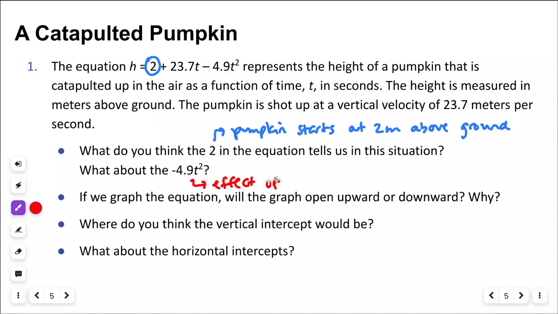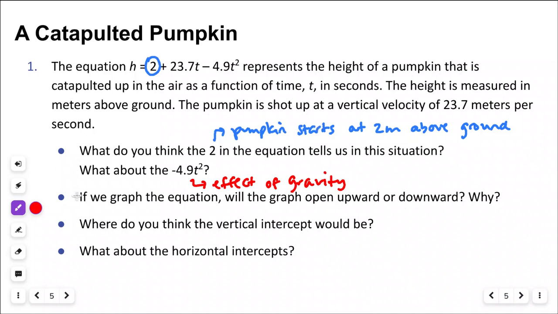The effect of gravity. It's negative because gravity is what is bringing our pumpkin back down to Earth. There is one other term in that equation, 23.7t, and our story already tells us what that represents. That's representing the velocity or the speed that pumpkin is going vertically up into the air.